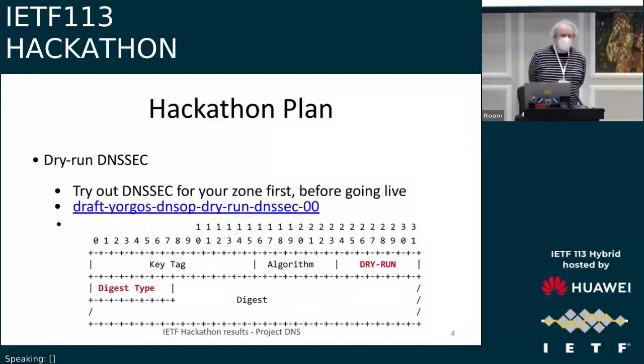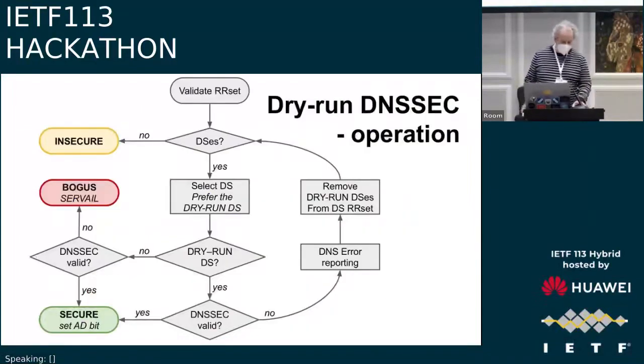This is a new ID, dry run DNSSEC. It allows you to try out DNSSEC before going live with it, because that's a bit scary for many people, and rightfully so. The idea is to have a new delegation signer algorithm, which just wraps existing delegation signer algorithm and just signals, this is dry run DNSSEC.